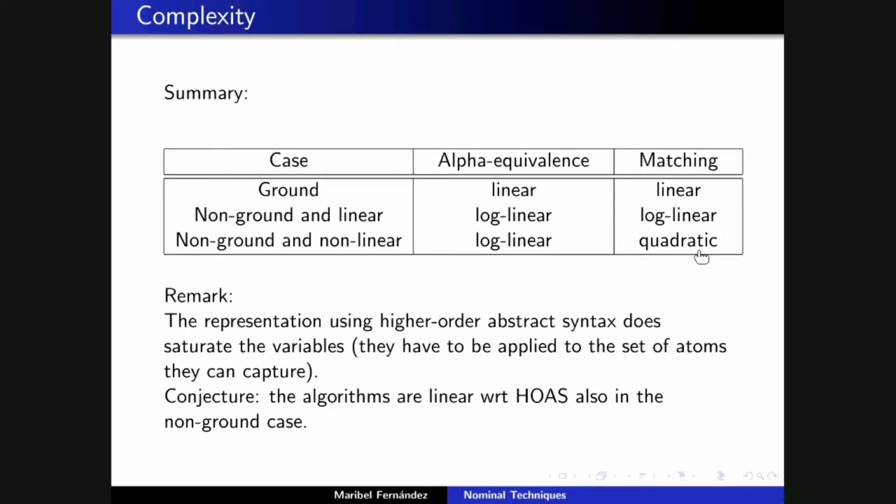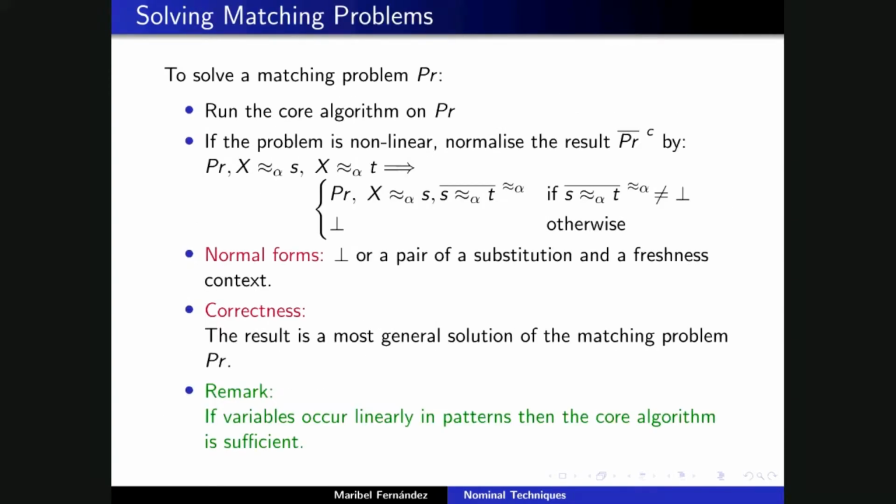However, if you think about what I told you at the very beginning of the different alternatives we have to deal with these issues of binding, if you think about the higher order abstract syntax version, where your variables are thought of as functions, each time you would have a variable in your problem, you need to write x and then apply it to a list of atoms.